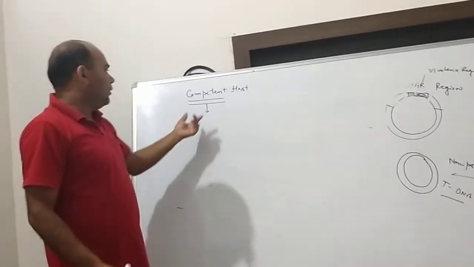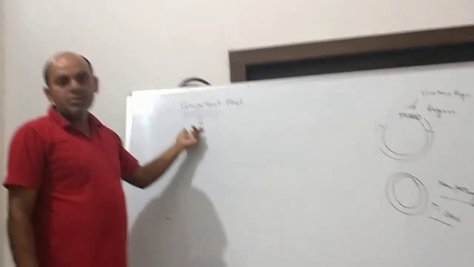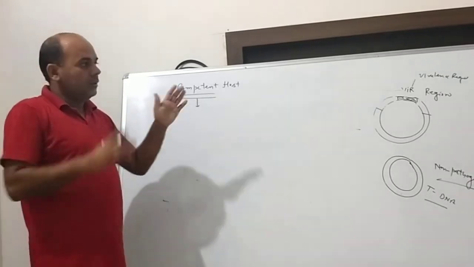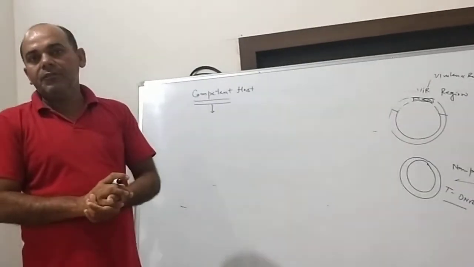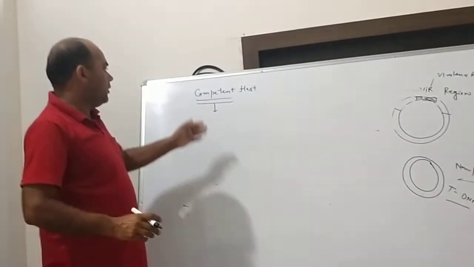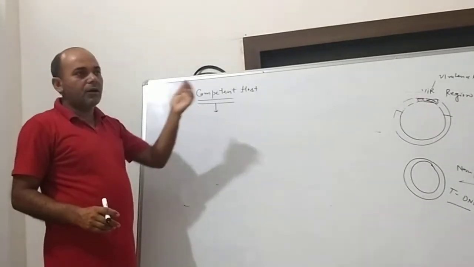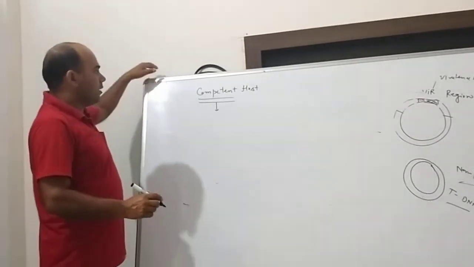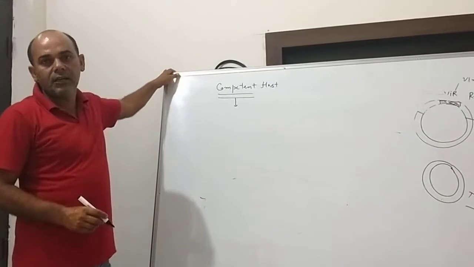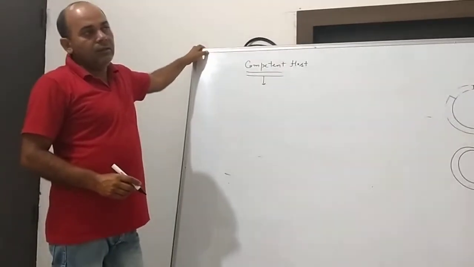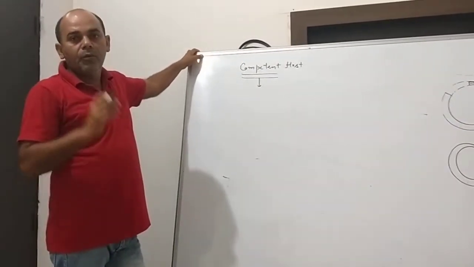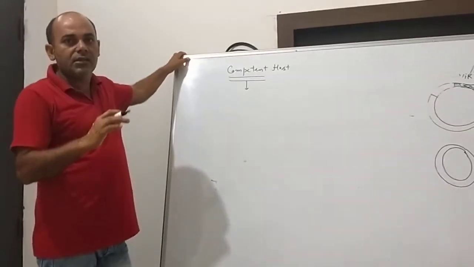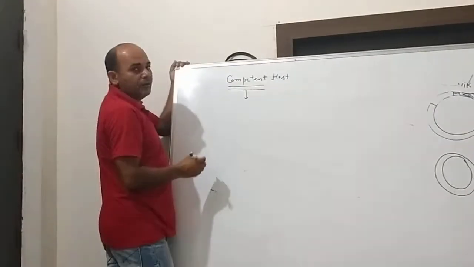The host cell is treated with many different methods, chemical, so that it can take more DNA from outside to inside. This property of the bacterial cell is called competence of the host cell.